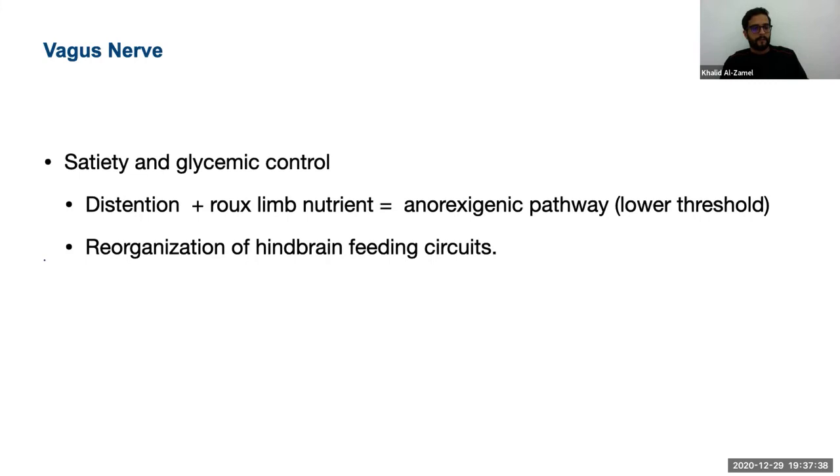But in general, it leads to early satiety and glycemic control as the rest of the mechanisms that we explained earlier, but each one of them does that in its own way. So for the vagus nerve, it does that by the distension of the stomach, and the presence of nutrient in the Roux limb will initiate the anorexigenic pathway.